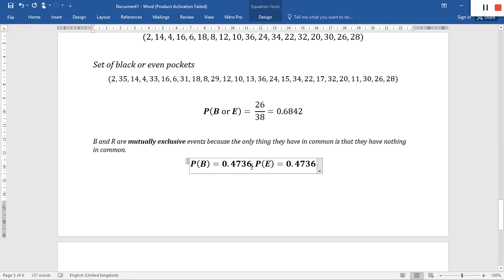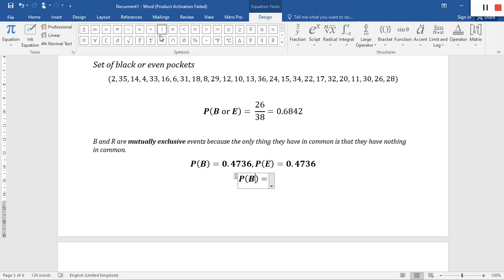So instead of adding the two together to arrive at this, we add the two together and then subtract the intersection from them. So let's look at the probability of the intersection. So the probability of B intersect E.